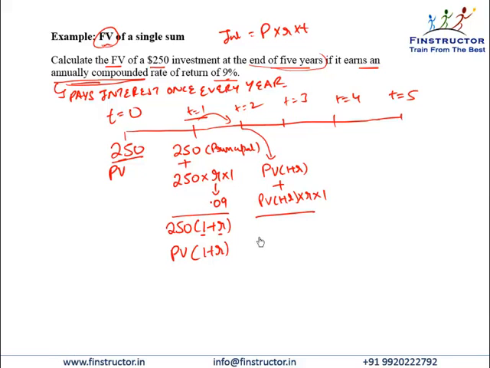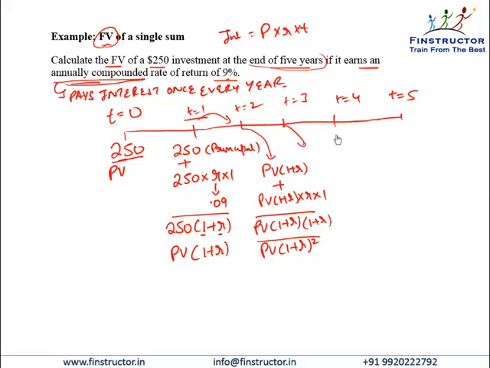So here again, PV into 1 plus R will come out common, and we'll have 1 from the first term plus R from the second term. Our amount at the end of year 2 would become PV into 1 plus R to the power 2.